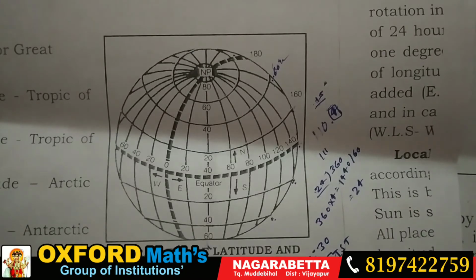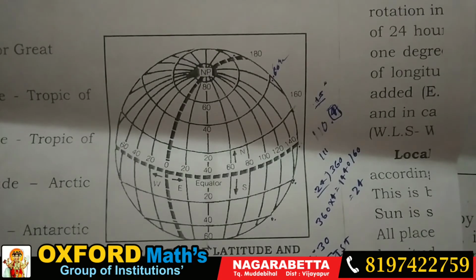On the basis of countries, some countries have more than 45 degrees of longitude, so such countries have different zones. Every 1 hour, how many degrees does the earth move? I told you, 15 degrees.